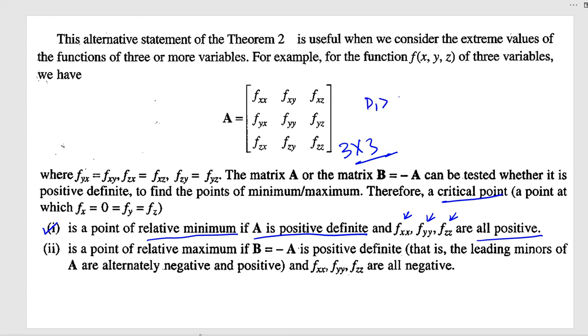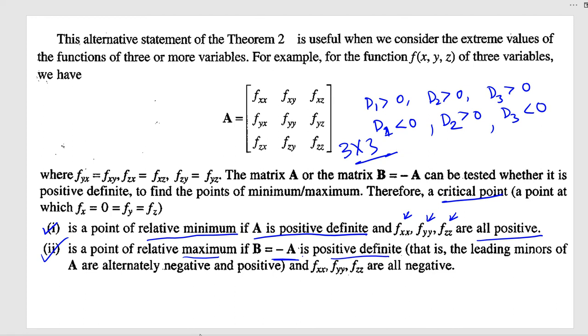So that means D1 greater than 0, D2 greater than 0 and D3 greater than 0. But if we have negative definite, what do we see? D1 less than 0, alternately D3 less than 0. So in other words, it is a relative maximum if the negative of this A is a positive definite.